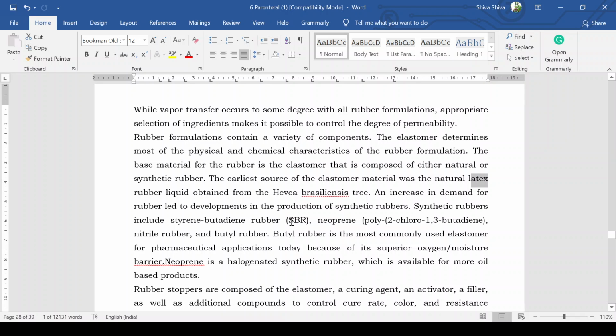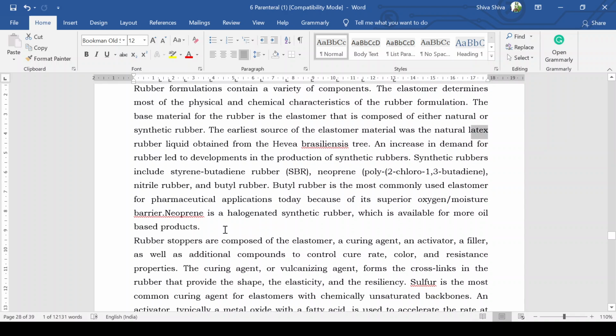In short form, it is called SBR, styrene butadiene rubber, neoprene rubber, like poly-2-chloro-1,3-butadiene rubber, nitrile rubber, and butyl rubber. Butyl rubber is the most commonly used elastomer for pharmaceutical applications today because of its superior oxygen and moisture barrier. So butyl rubber is more resistant to oxygen, moisture and vapors. Hence, it is commonly used in the packaging of parenteral products.